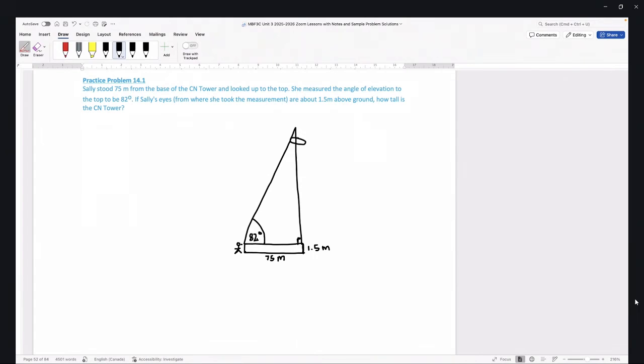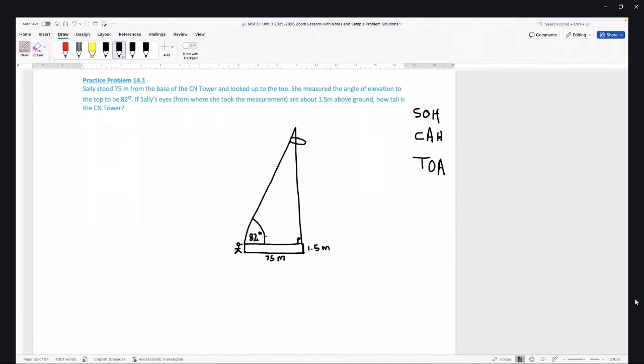So it's got to be perpendicular. So that means we have a right angle. So if we have a right angle, we can use SOHCAHTOA. S-O-H, C-A-H, and T-O-A. We can use one of those three.